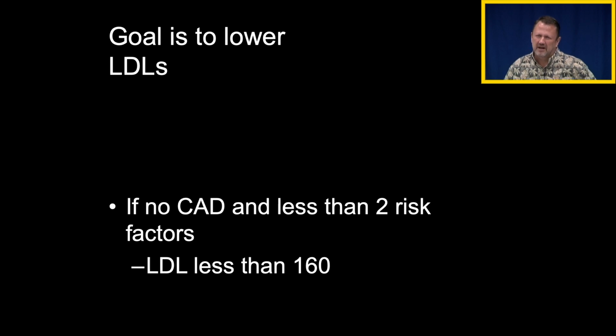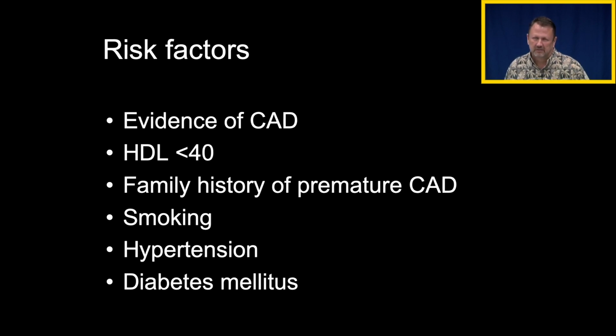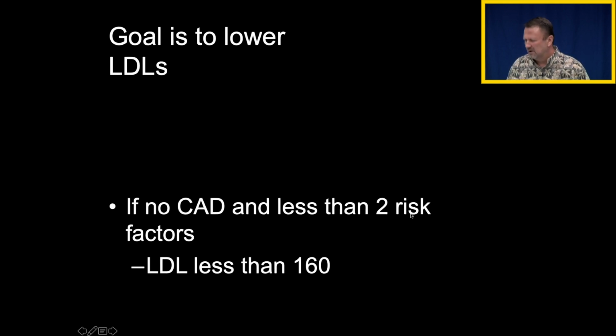All right, so let's say they have no coronary artery disease and they have less than 2 of the risk factors listed right here. All right, so that means no evidence of coronary artery disease and then less than 2 of those. The old guidelines were, well, we'll keep their LDLs less than 160. Now, there was a problem with just using an absolute number, and so we see that in the new guidelines.